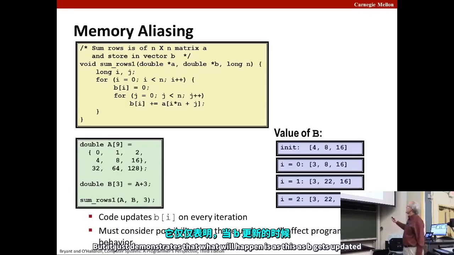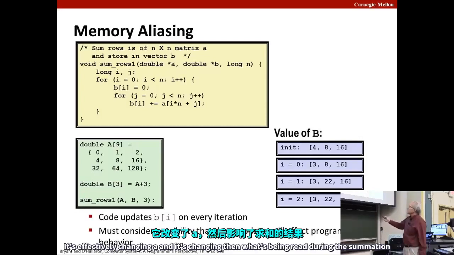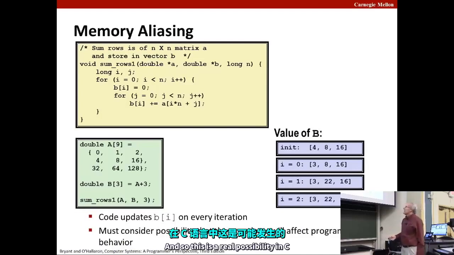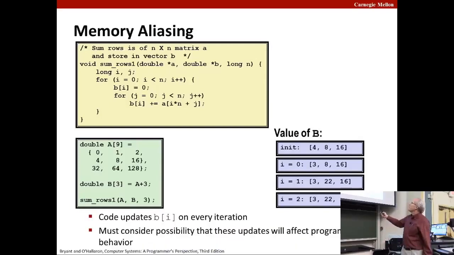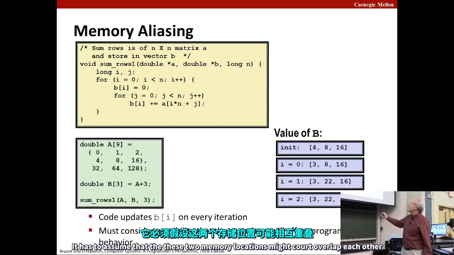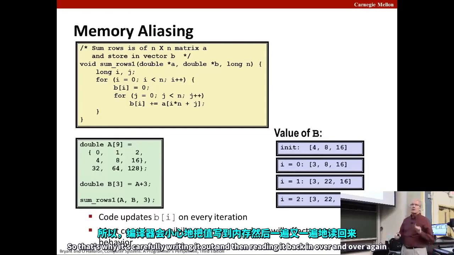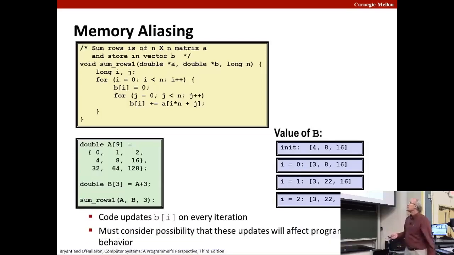But it just demonstrates that as B gets updated, it's effectively changing A, and it's changing what's being read during the summation. And so this is a real possibility in C. So the compiler, when it's given code like this, has to assume that these two memory locations might overlap each other. That's why it's carefully writing it out and then reading it back in over and over again.